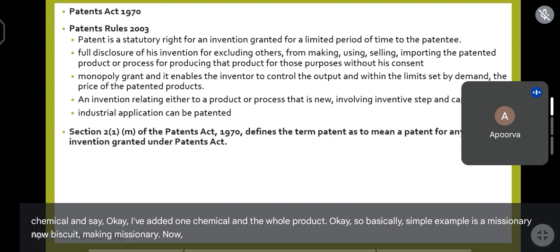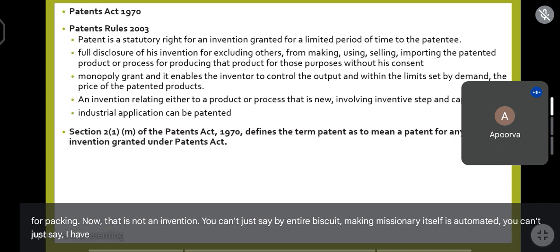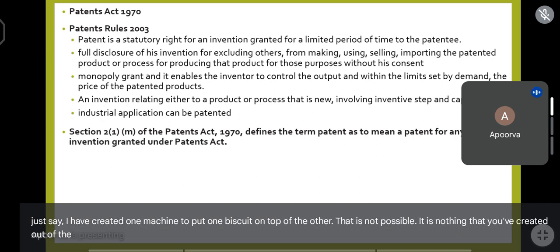Now, you just add something and say biscuits are arranged stack wise so that it's easy for packing. That is not an invention. You can't just say the entire biscuit making machinery itself is automated. You can't just say I have created one machine to put one biscuit on top of the other. That is not possible. It is nothing that you've created out of the box.